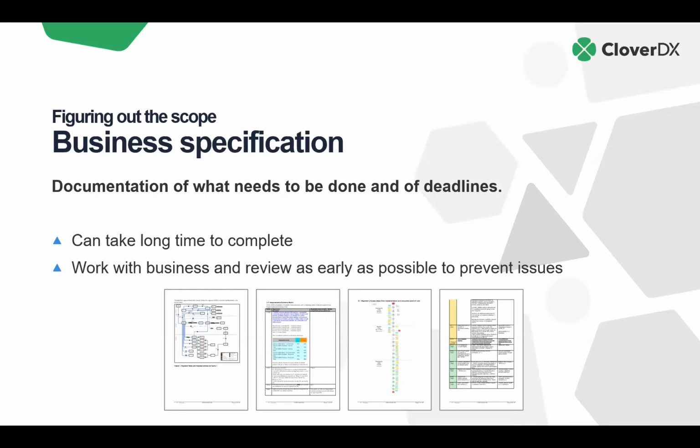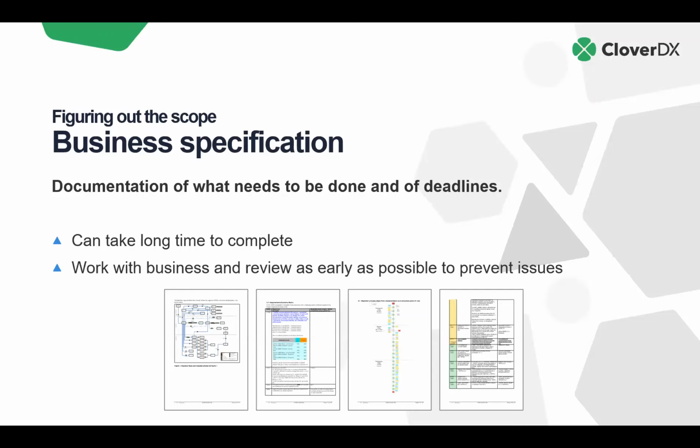So what we've learned on several projects in the past is that you should work with business as soon as you can, even while the specification is in draft form, because they will be working on it usually sequentially, and they'll pick an area from the system and start working on that. And this way, when the technical team is present while this is done, you can help them uncover issues that they might not even be aware of, because there might be something in the application they don't have the experience with, or you might work with them and help them understand the target system better.